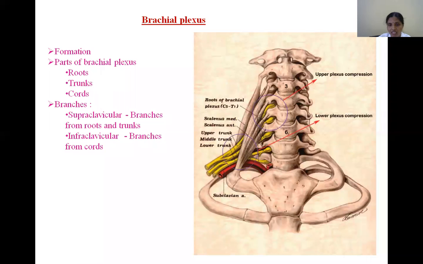Otherwise it may compress the subclavian artery, because after taking origin from the nerve to subclavius, it passes beyond the subclavian artery, then joins the main phrenic nerve. So before doing the evulsion of the phrenic nerve, the surgeon must know whether an accessory phrenic nerve is there or not. How can you appreciate this? It lies in front of the brachial plexus and brachial vessels, then passes beyond the vessels to join the phrenic nerve.